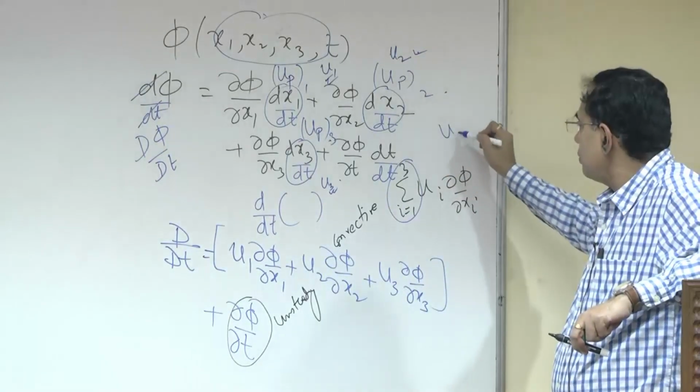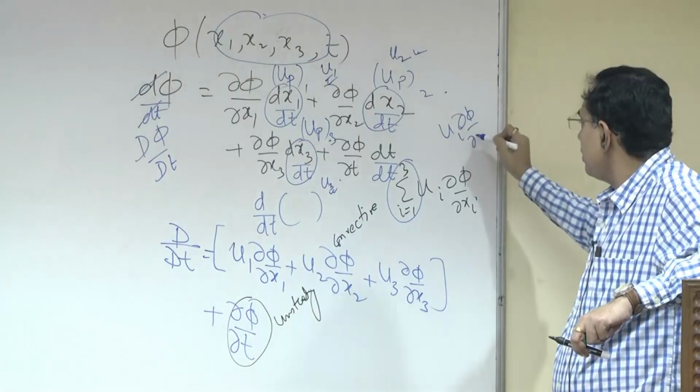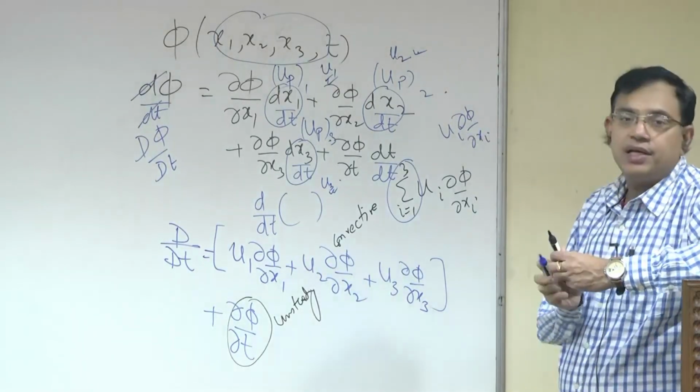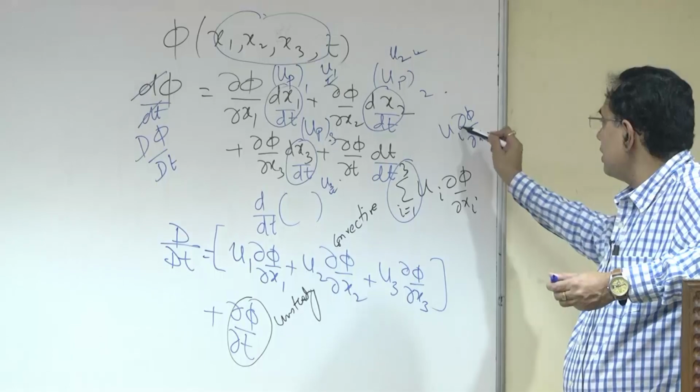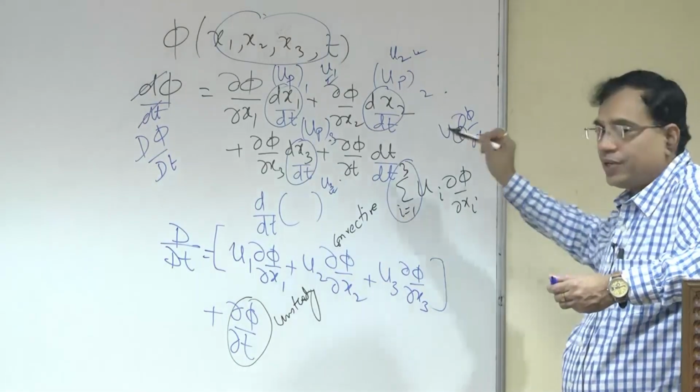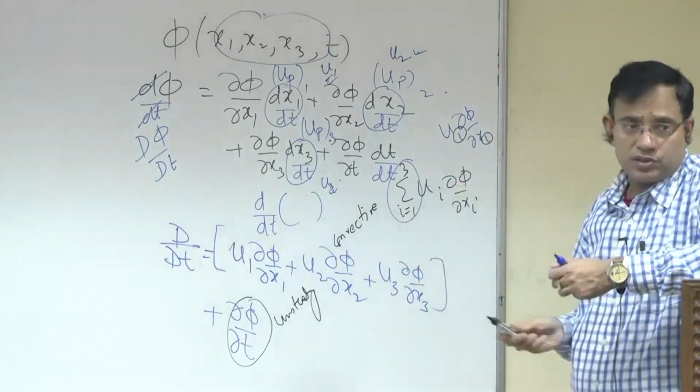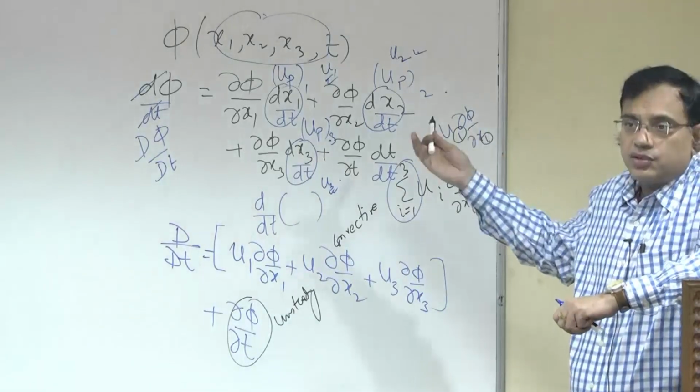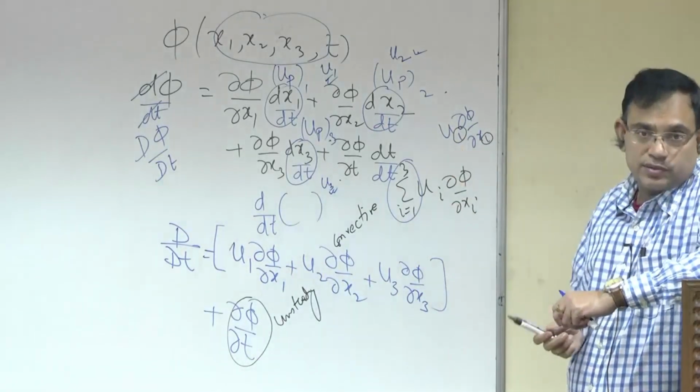You just write ui and so on. How do you know that there is a summation? There is a repeated index. Because this index i is repeated, you have an invisible summation. This was introduced by Einstein, so it is known as Einstein's index notation.